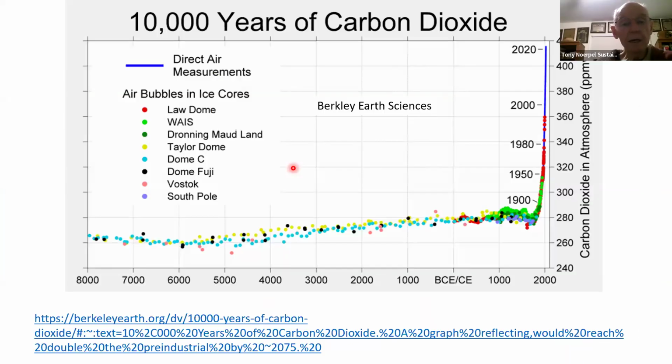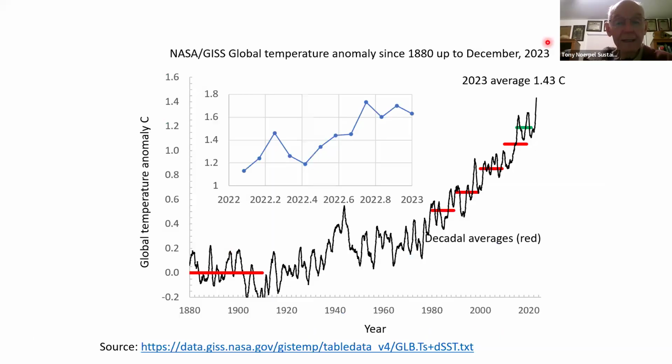We'll skip that one. 10,000 years of carbon dioxide. So this is this, and it shoots right up. We're past 420 now. And this is the temperature up to December 2023. I have to say, this is NASA GISS data, Goddard Institute for Space Studies. They're a bit cooler than the others. I've always used it, and I download the data, but they're cooler than the others because they only start at 1880, and I use 1880 to 1910.